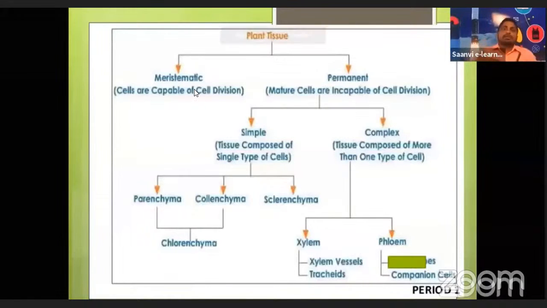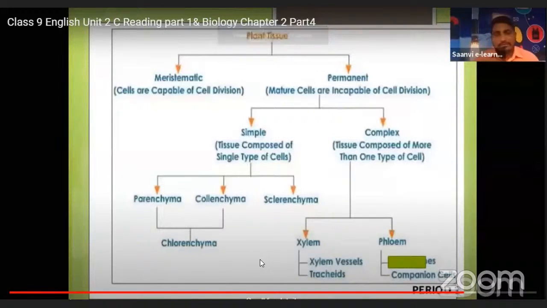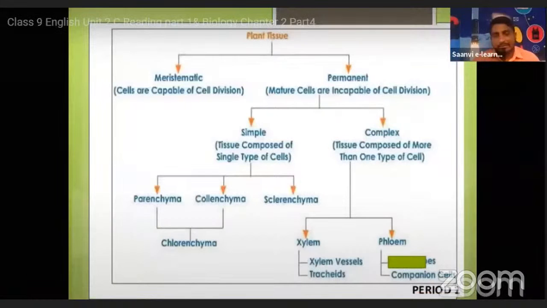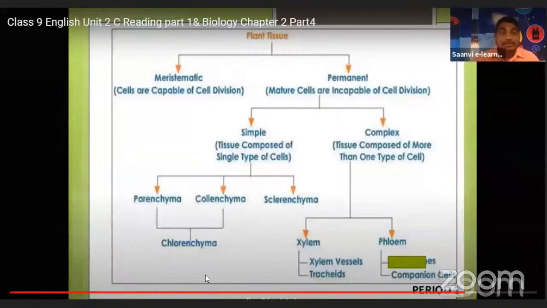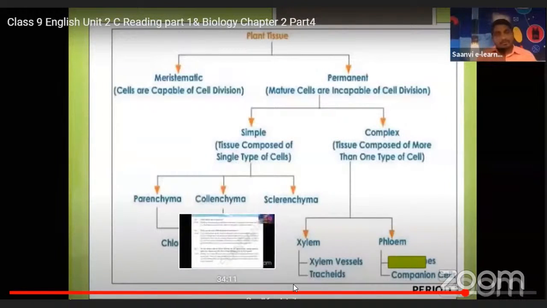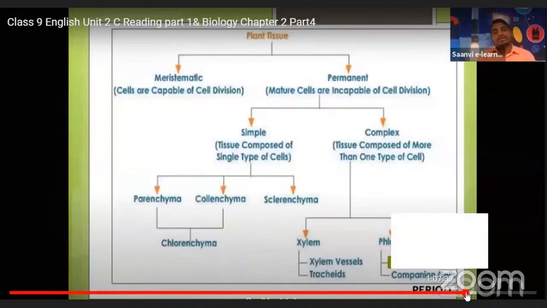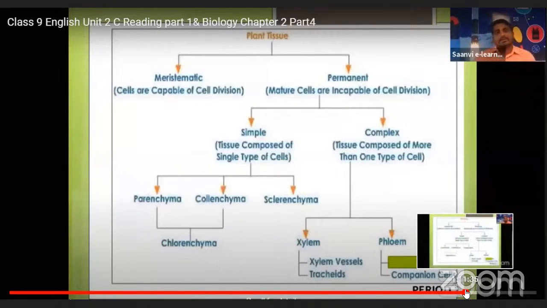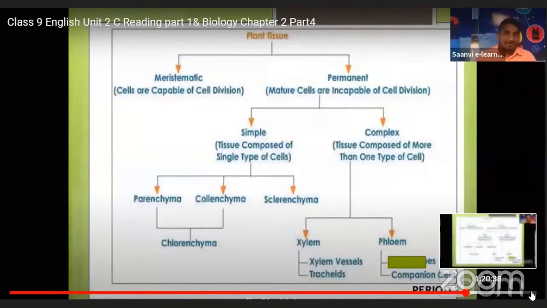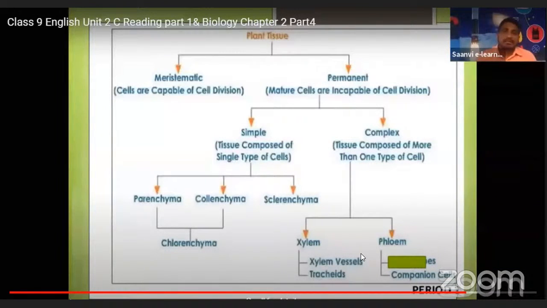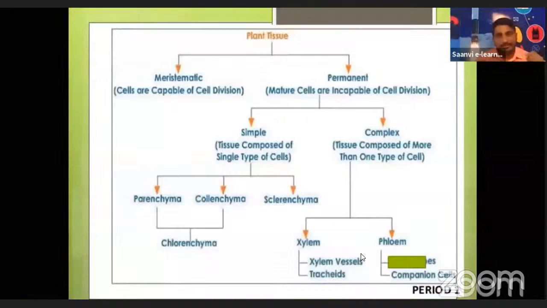One cell becomes two cells, then again two cells, like that. New cells come from pre-existing cells. So that capability of cell division is there in the meristematic tissue. If needed, those cells can go for cell division.